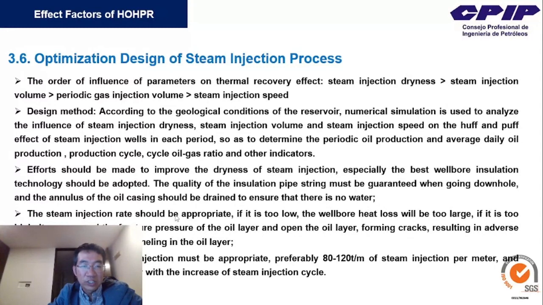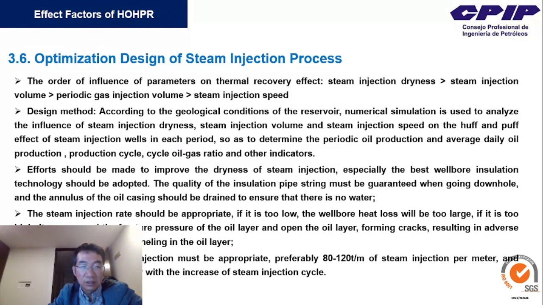The steam injection rate should be appropriate. If it is too low, the wellbore heat loss will be too large. If it is too high, it may exceed the fracture pressure of the oil layer and open the oil layer, forming cracks, resulting in adverse consequences of steam channeling in the oil layer.